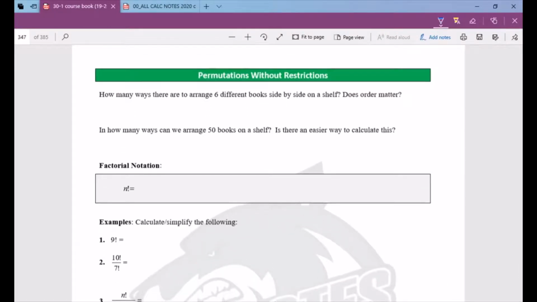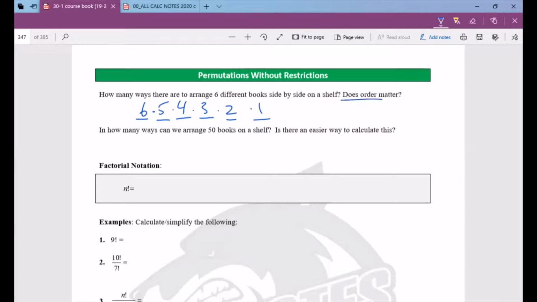Permutations without restrictions. So our next question introduces some new terminology and some new notation. How many ways are there to arrange 6 different books side by side on a shelf? Does order matter? So we would think, okay, we've got 6 books, and then you have 5 choices left for the next book, and then 4, and then 3, and then 2, and then 1.